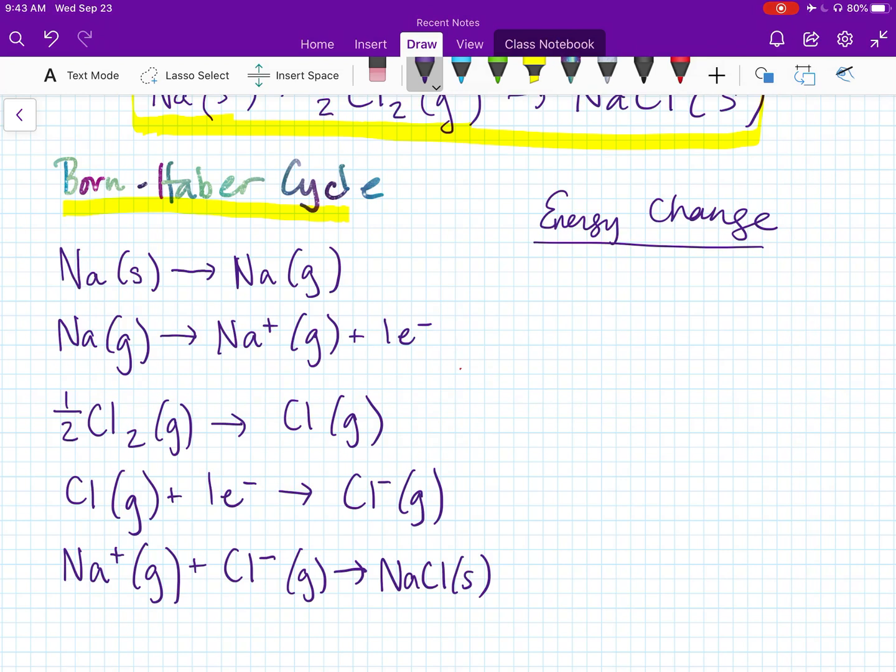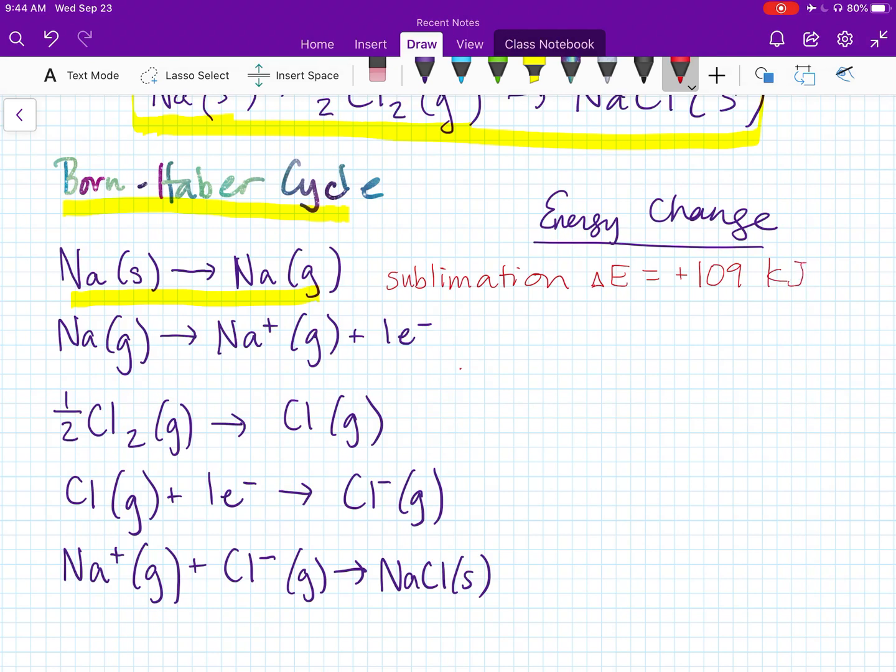The first one involves taking solid sodium and just turning it into a gas. That is a physical change, a phase change. You may know the name for that. When a solid transforms into a gas, that process is called sublimation. The delta E associated with the sublimation of sodium is positive 109 kilojoules. Now, the sign is very important.